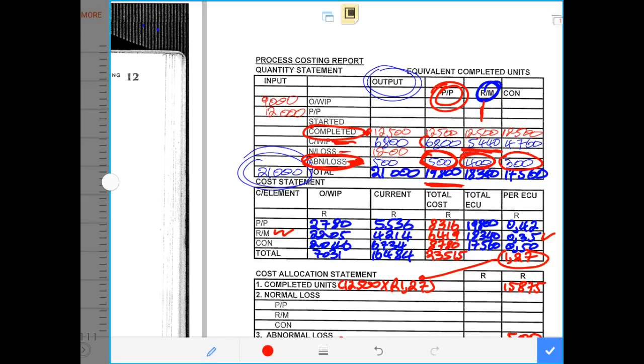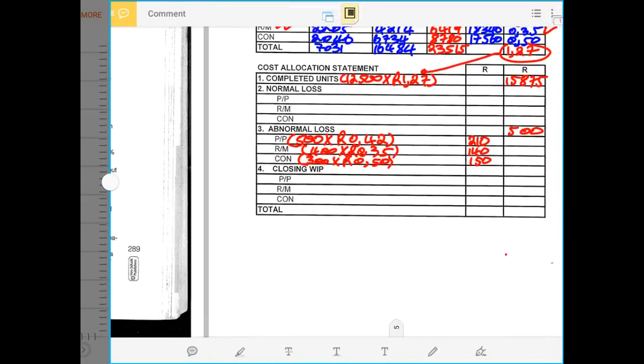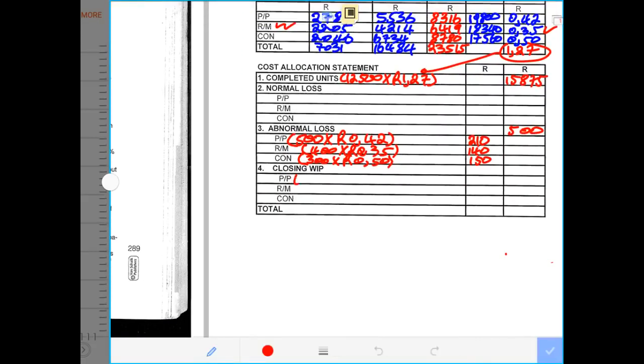Previous process is 6,800. Then we say 6,800 times the previous process cost per unit, which is 42 cents.